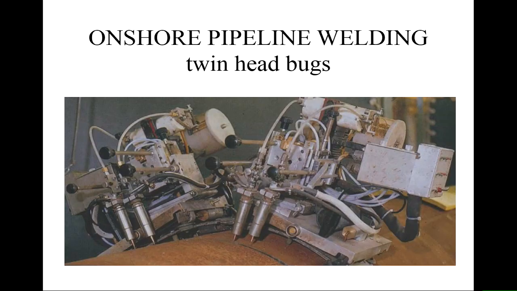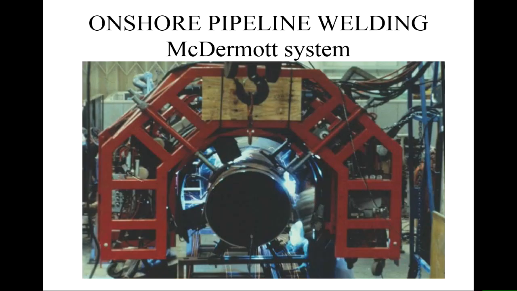And they use twin head bugs for increased productivity. You've seen these pictures before, again, just for completeness. This is a system that I have seen, which is what they sell to the people that operate lay barges. So this type of McDermott system has various supports around the outside that clamp onto the parts and allow you to hold and weld the pipe segments.